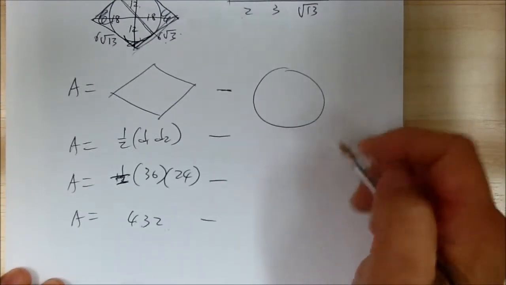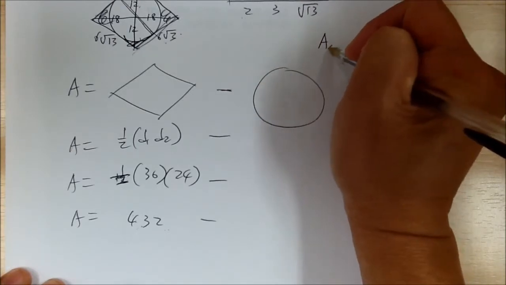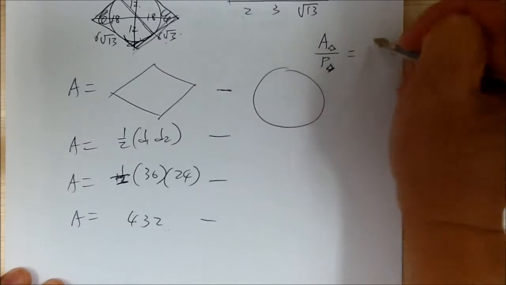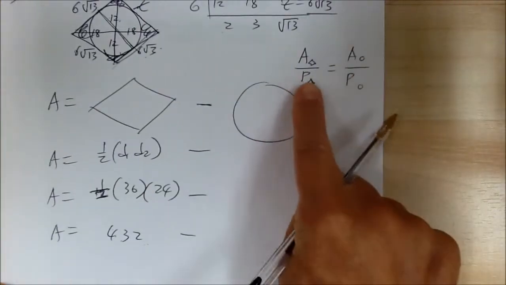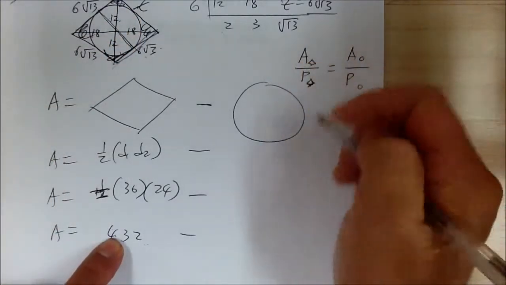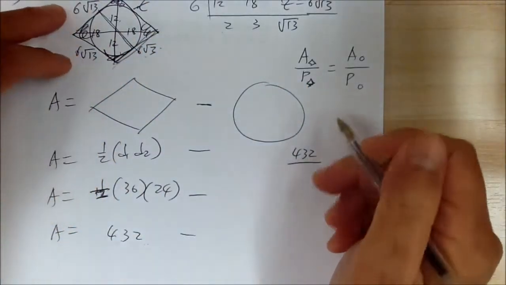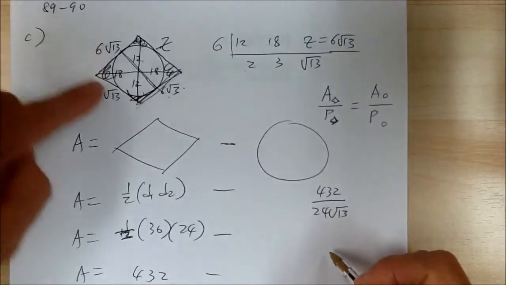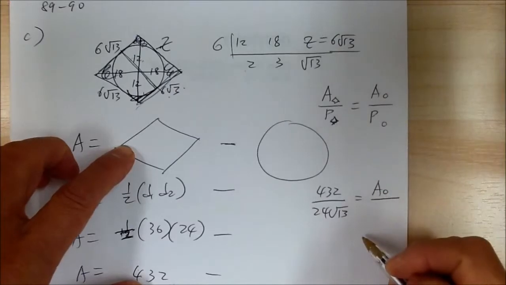So what you do is this: the area of the polygon over the perimeter of the polygon will equal the area of the circle over the perimeter of the circle. So use a ratio. So the area of this one we just figured out, it's 432. The perimeter is 4 times that, so it'd be 24 square root of 13, right? Right over here. Equal to the area of the circle. That's what you're looking for.